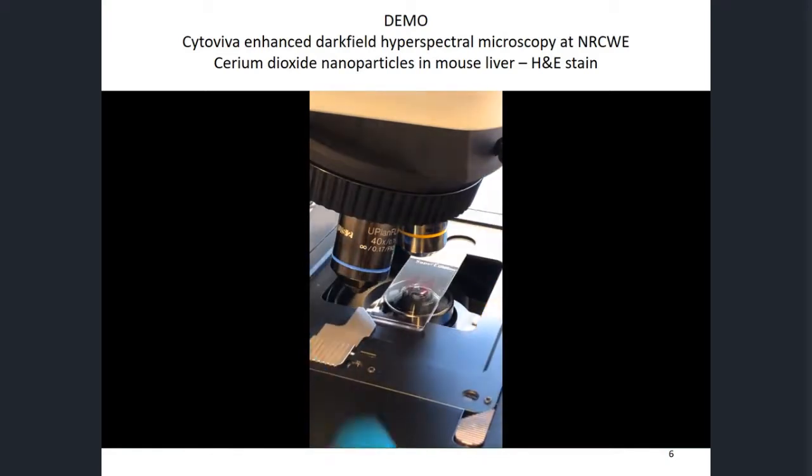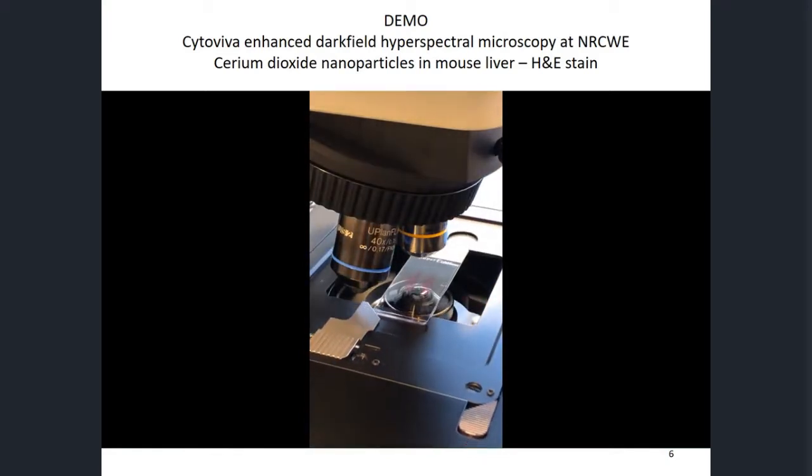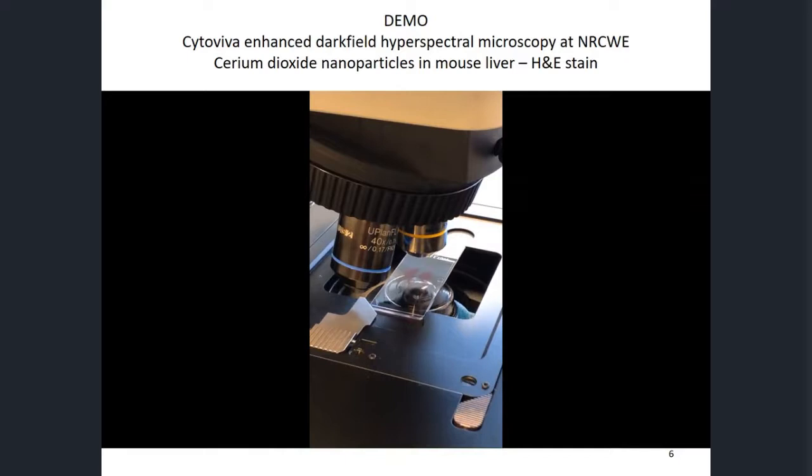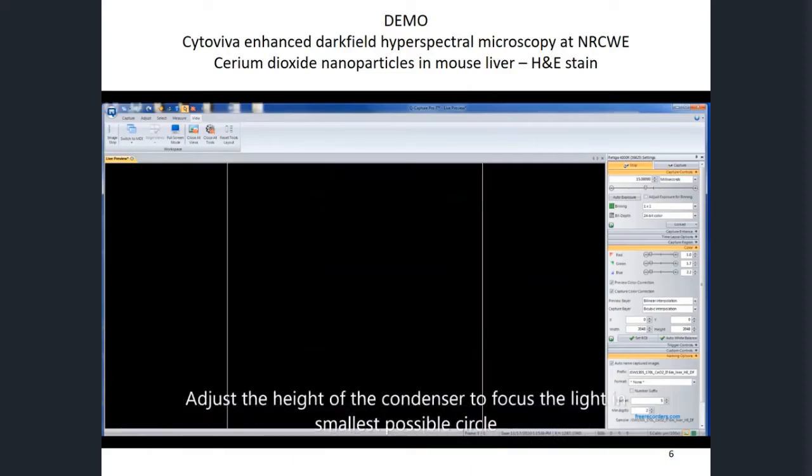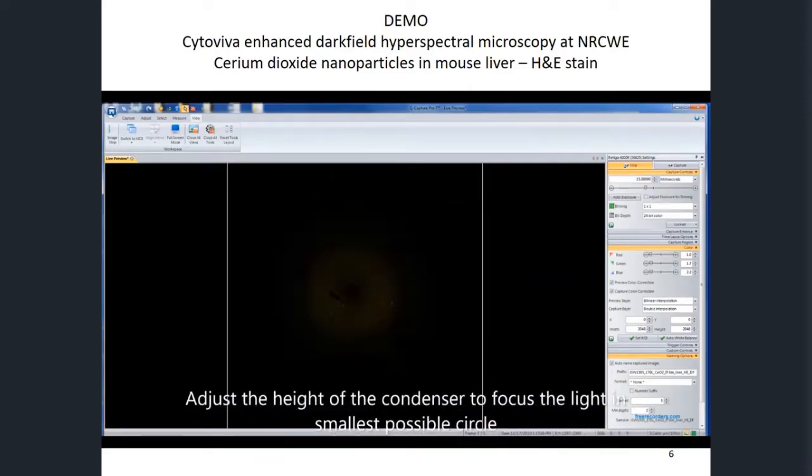And then you slowly raise the condenser until the oil touches the sample. And then you're ready for imaging. Next step is to adjust the height of the condenser so that the light is focused in the smallest possible circle in the middle of your sample.